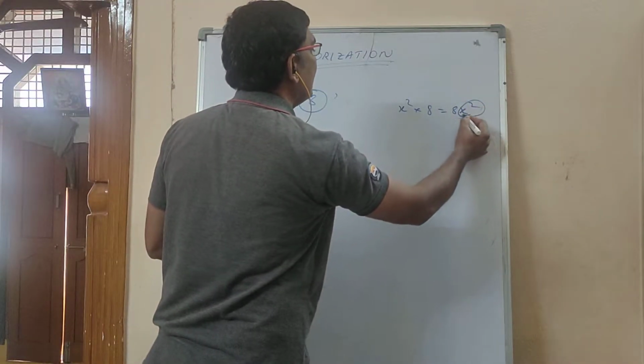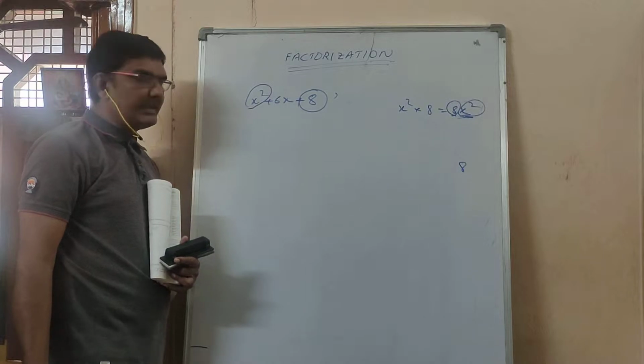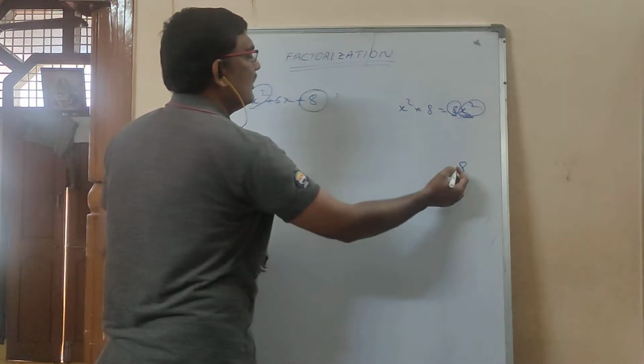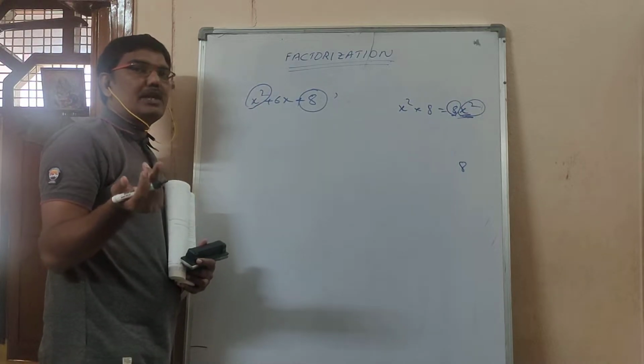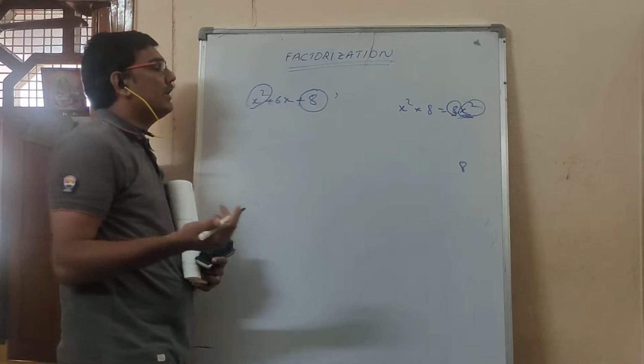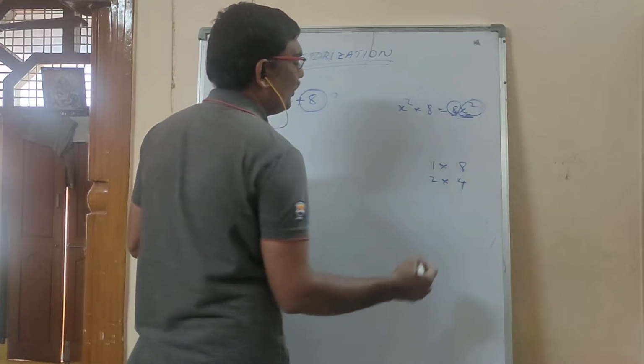Leave this x square. What is the coefficient here? 8. So here the factors for 8 means which two numbers you have to multiply to get 8. 1 into 8 is 8, 2 into 4 is 8.